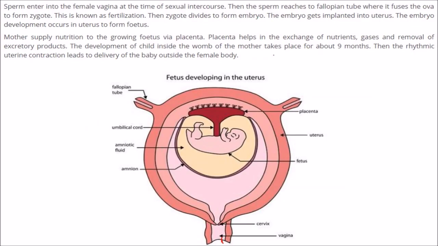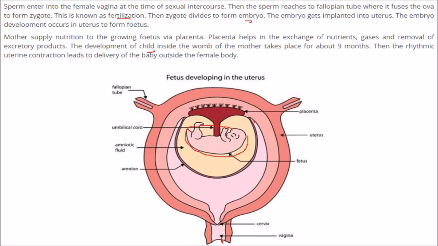Then the sperm reaches the fallopian tube where it fuses with the ova to form the zygote, and this is known as fertilization. Then the zygote divides into an embryo, as you see here. This embryo now gets implanted into the uterus, and the embryo development occurs in the uterus to form the fetus.